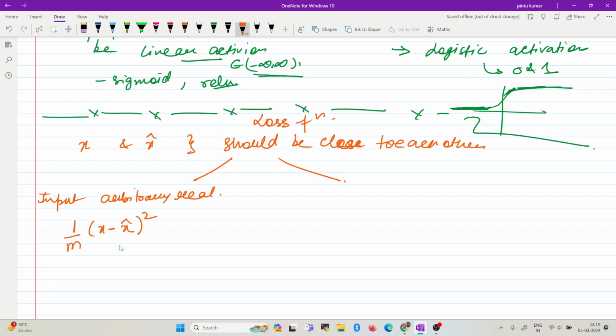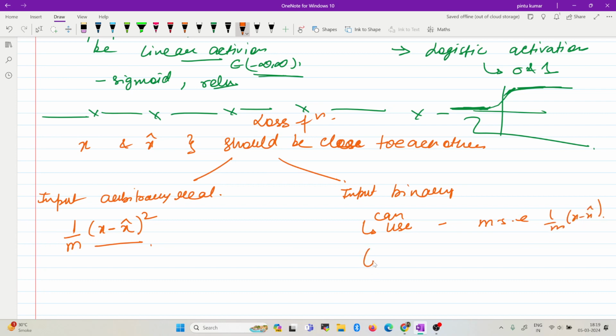This is one very good choice. And if we have some extra characteristic involved with our input, so let's say if our input is binary, here also you can use mean squared error, that is, you can again use this error.